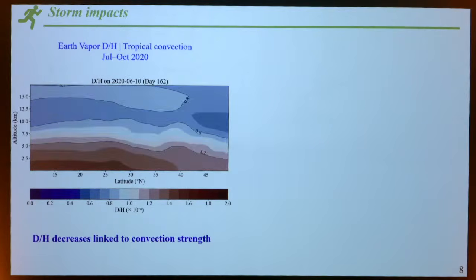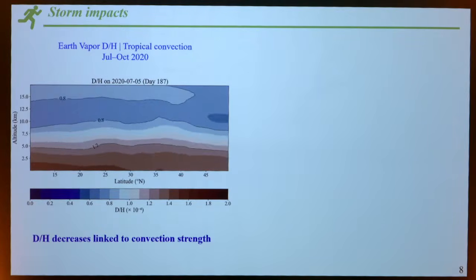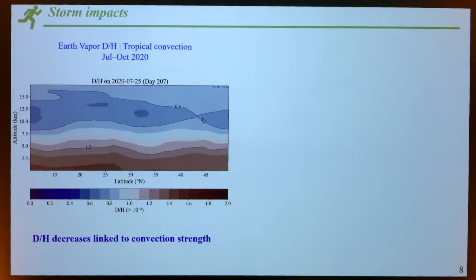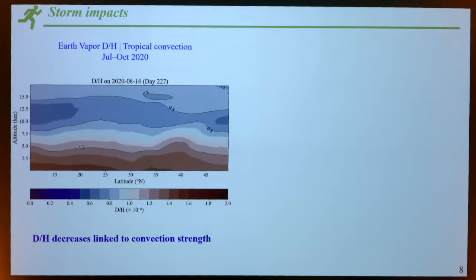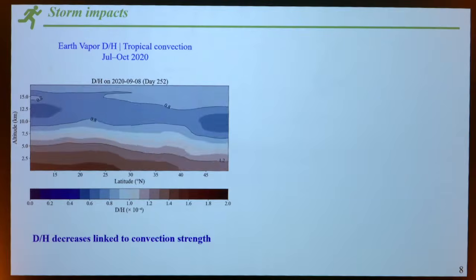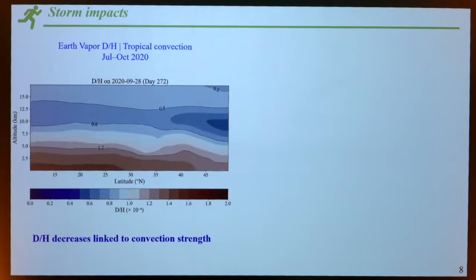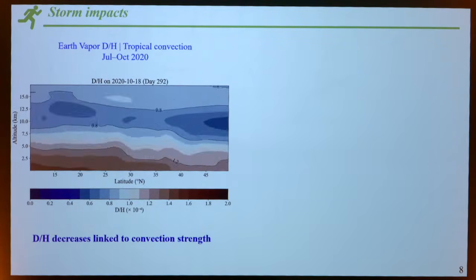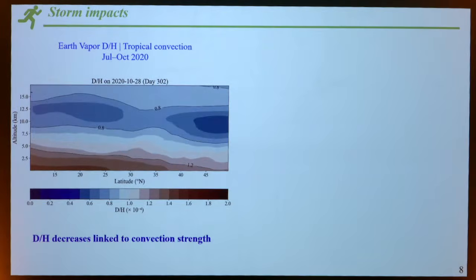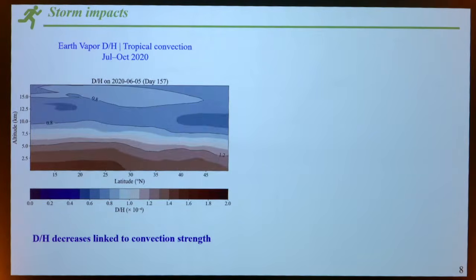On Earth, during continuous convective events, D2H ratios show varying degrees of decrease, transporting from the tropical region to the north and south. It's related to the convective strength.